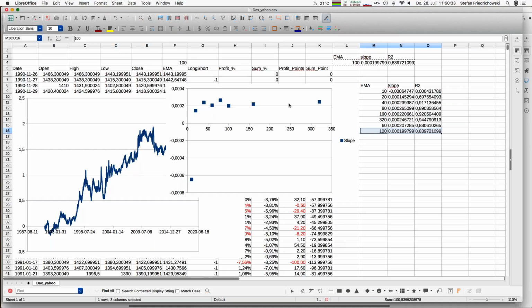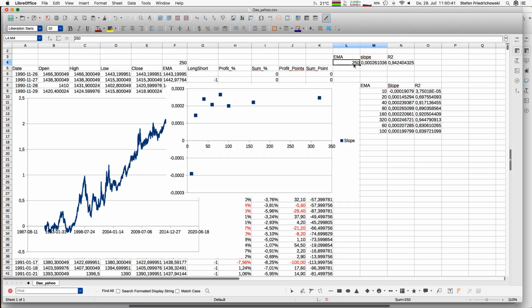But up to now, we don't have so many higher values. So let's put some higher values as well to see whether something is going better there. Oh, no, sorry.